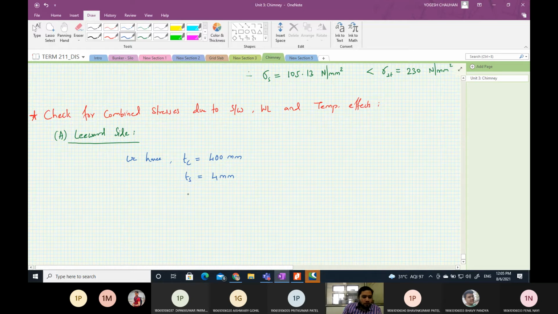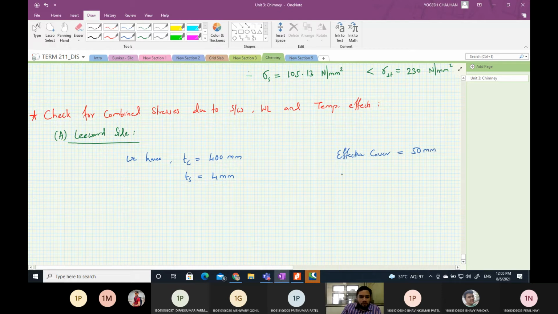Then we know the effective cover we have considered as 50 mm.